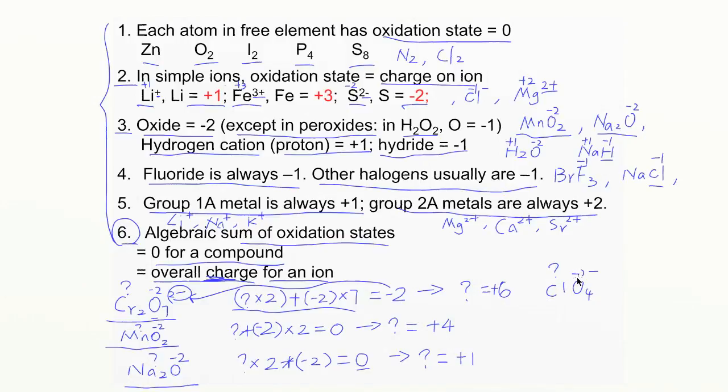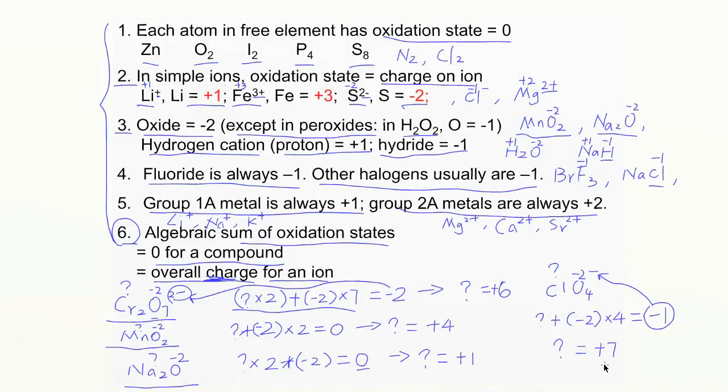Oxide is usually negative 2, so question mark for chlorine, plus negative 2, the oxidation state from oxide, times 4, 4 oxygens, equals negative 1. Where does that negative 1 come from? It comes from the charge of the ion. If you do the calculation, the question mark would be positive 7.